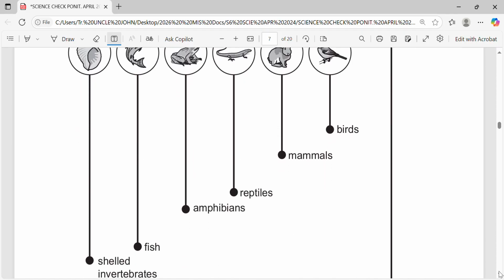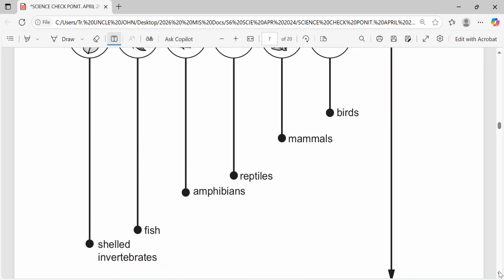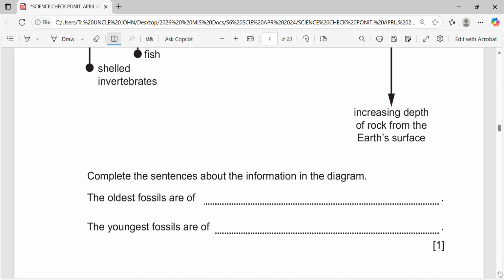We have birds, mammals, reptiles, amphibians, fish, and shelled invertebrates. Increasing depth of rocks from the Earth's surface. Complete the sentences about the information in the diagram.